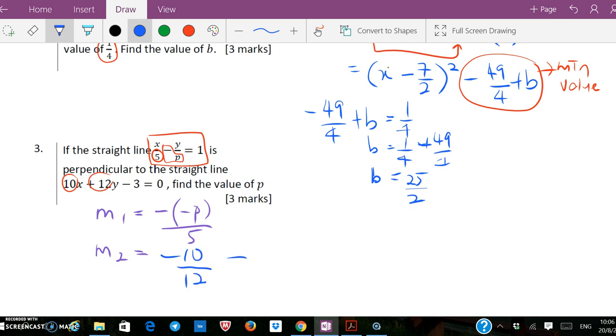But if you are unsure, I would advise you to do it in terms of y equals mx plus c.